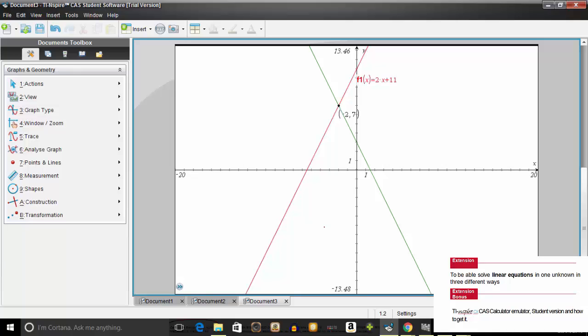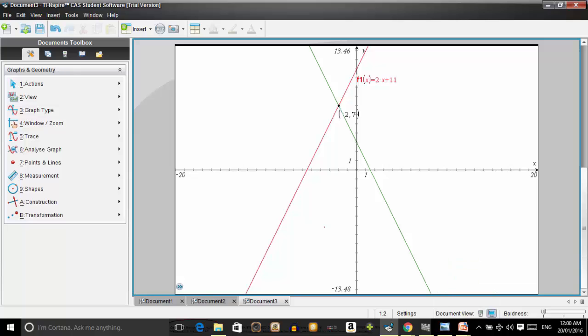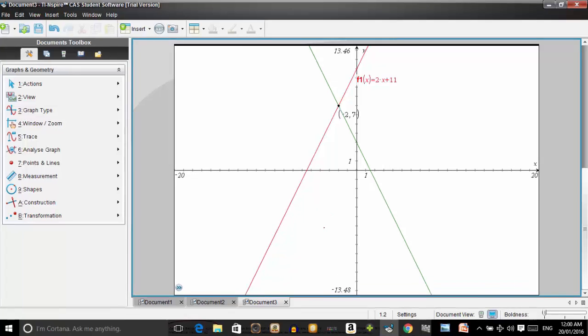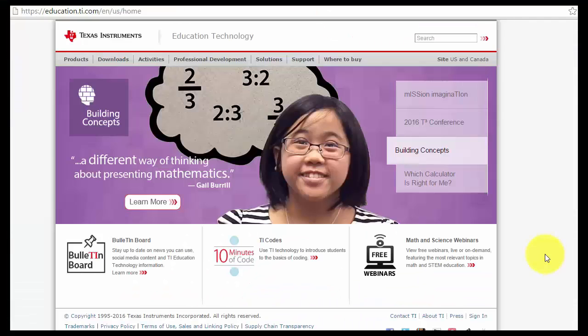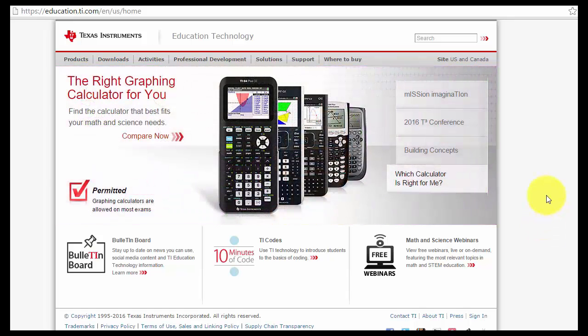Okay, so you've got this as a tool available for you. Download it and work with it, even if it is only the evaluation trial version. You'll have 30 days to play with it. Okay, and now I'm going to show you how we actually download that student software.